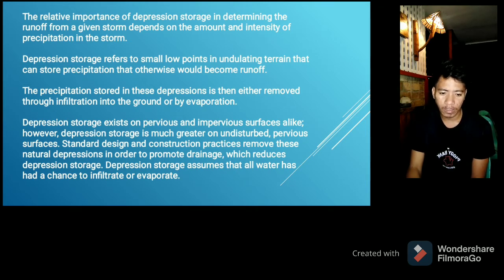However, depression storage is much greater on undisturbed pervious surfaces. Standard design and construction practices remove these natural depressions in order to promote drainage, which reduces depression storage. Depression storage assumes that all water has a chance to infiltrate or evaporate.